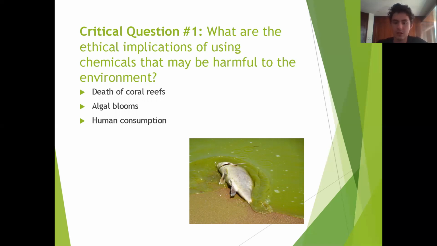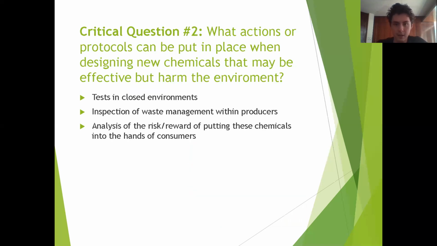Therefore, there's no oxygen, and they use up all the oxygen, causing the fish or other animals in that ecosystem to die. And human consumption: if the fish ingests detergent, and we ingest the fish, we're ingesting the detergents or other chemicals ourselves.